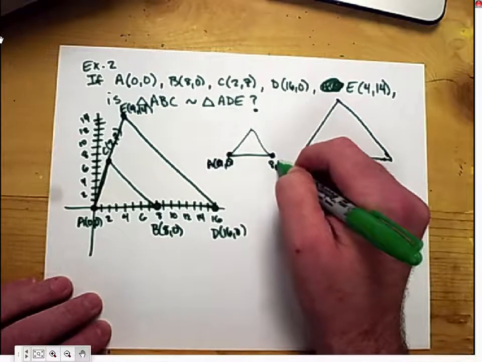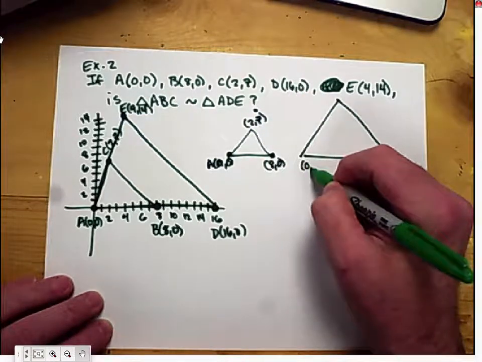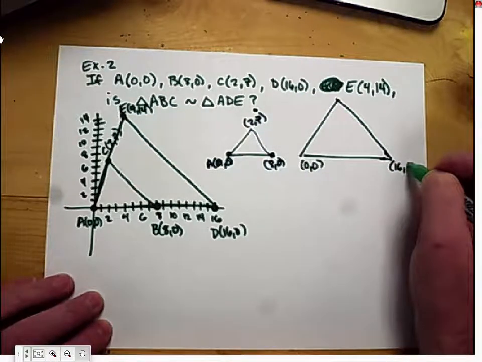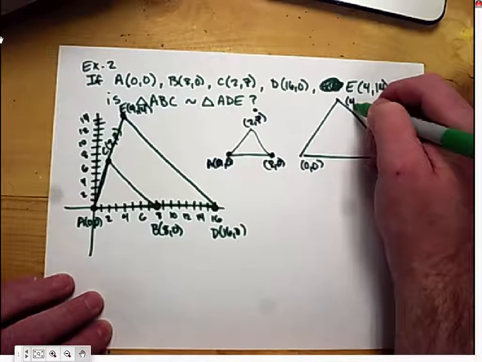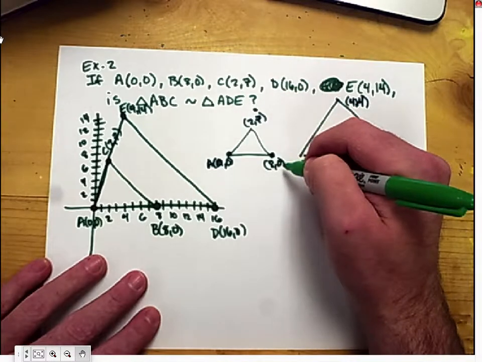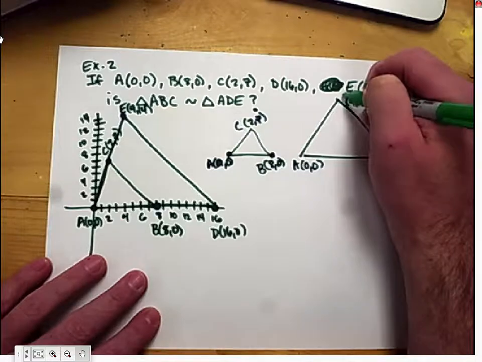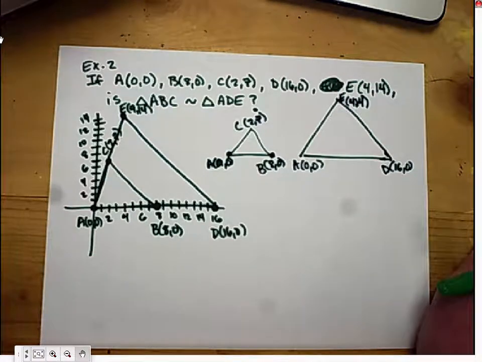This is 8, 0. This is 2, 7. This is 0, 0. This is 16, 0. And this is 4, 14. This is A, B, C. This is A, D, E. Okay. So what do we have to show?